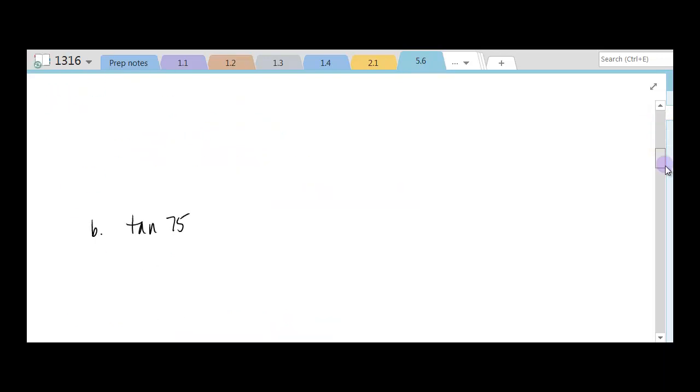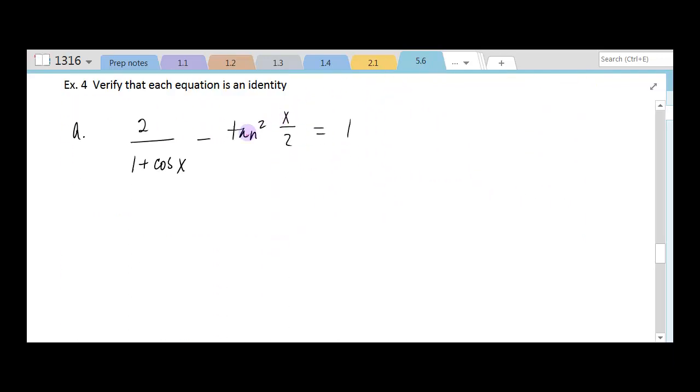So moving back down to my problem again. I'm going to replace this portion right here with the half angle identity for tangent, which looks like 1 minus cosine x all over 1 plus cosine x. I am taking the square root of it, but because this tangent is squared, I will actually be squaring that.